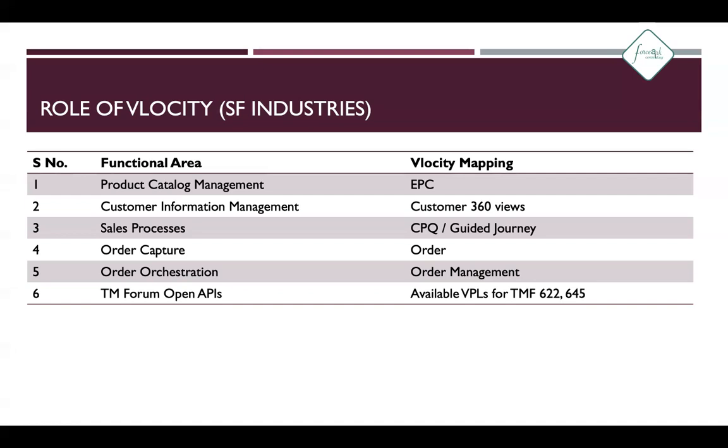They use order, quote, opportunity, and account. All of these are standard objects, and anything over and above this, to enable complex product modeling, guided journeys, and the rules engine, they have built as a separate data model. I guess someone raised a hand.